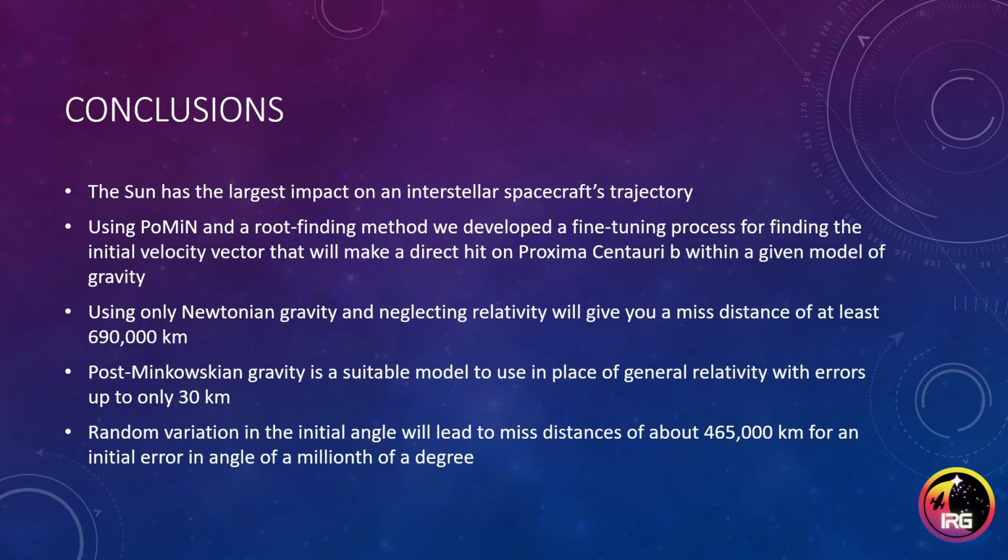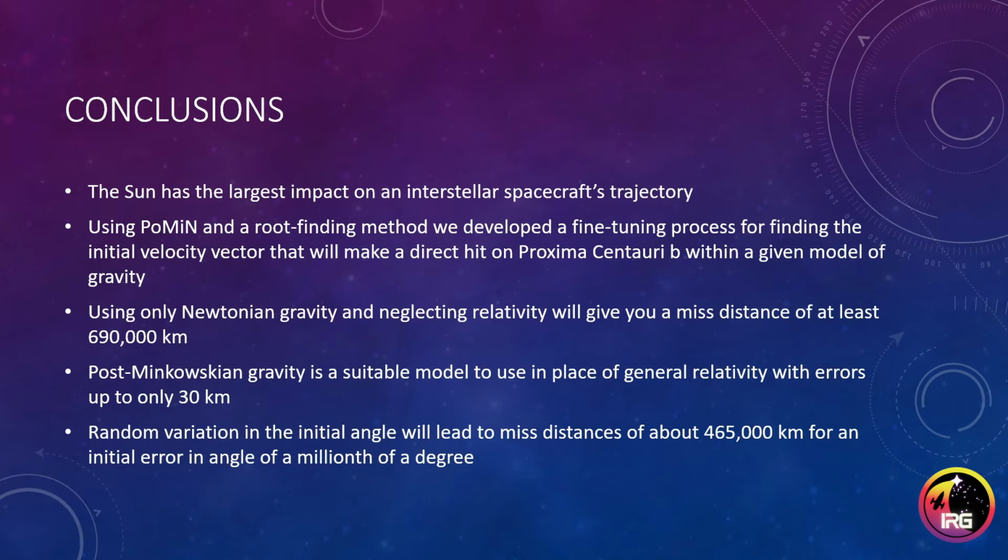Okay, so in conclusion, we found that the Sun has the largest impact on an interstellar spacecraft trajectory. Using our Pullman methodology and a root finding method, we developed a process for finding the initial velocity vector that will make a direct hit on your target within a given model of gravity. If you use only Newtonian gravity and neglect relativity, your miss distance for Proxima Centauri b, 4.25 light years away, will be at least 690,000 kilometers.